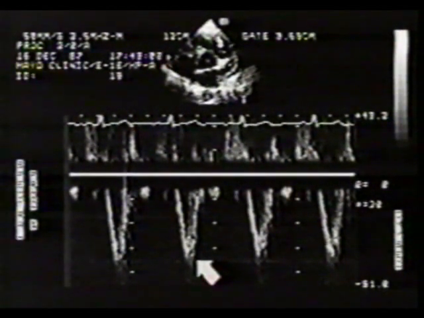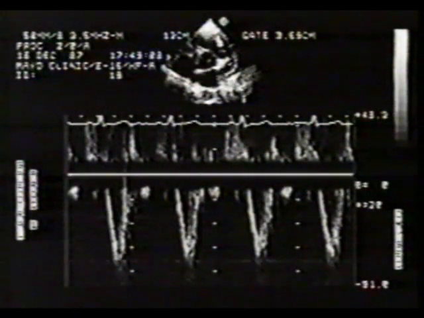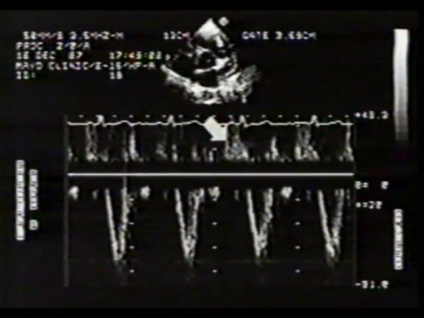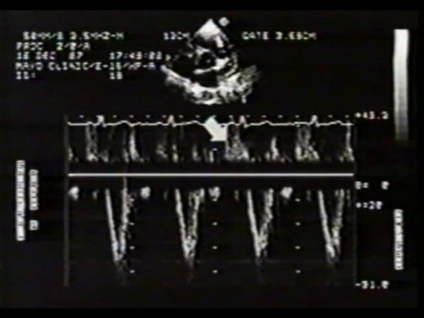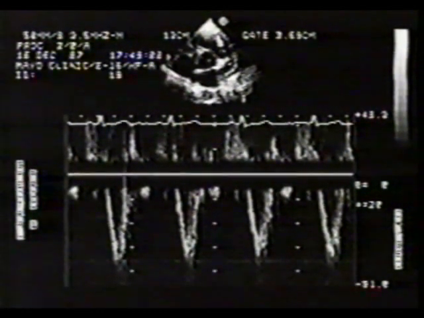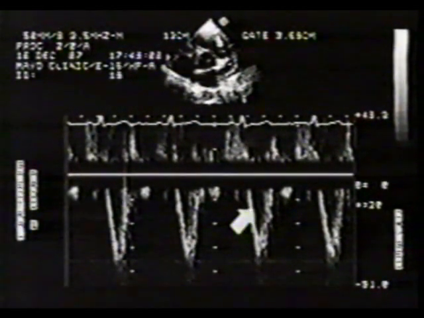Normal velocity in adults will be up to 0.9 meters per second. This diastolic signal, which will also be apparent as an audio signal in real time, is due to pulmonary regurgitation. Trivial to mild pulmonary regurgitation is considered normal. Note the laminar spectral profile of systolic flow.